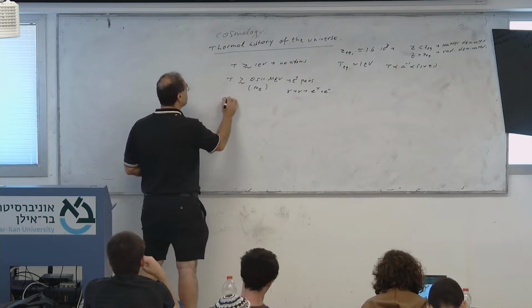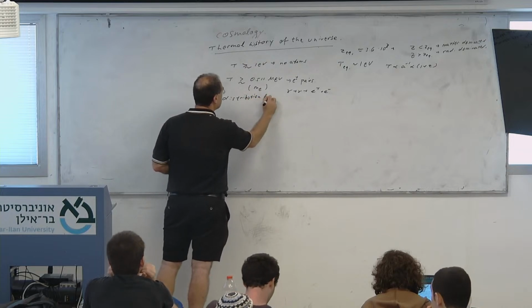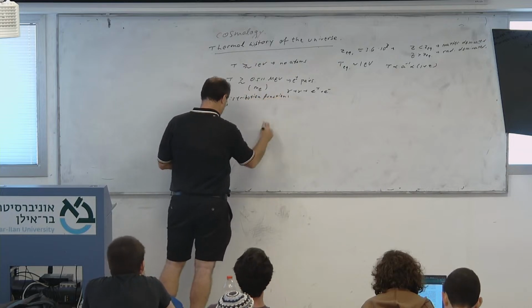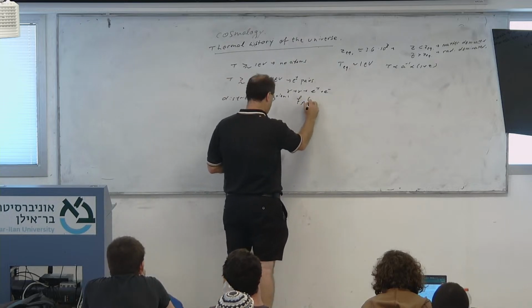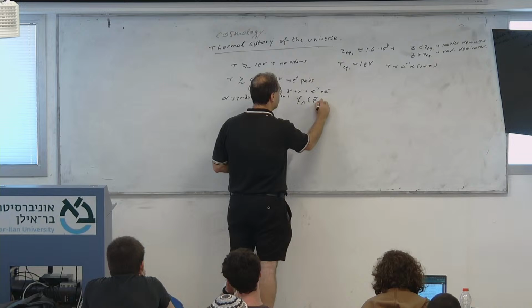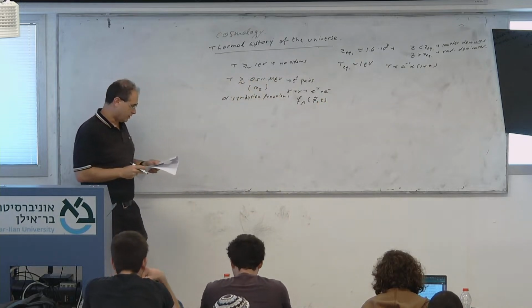What we look at is a distribution function. So the distribution function f of species a, of p and t. I don't need the location.